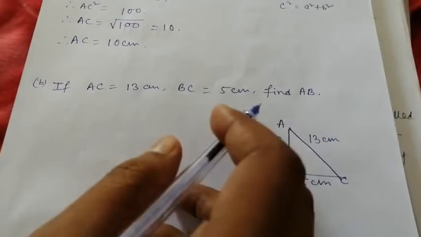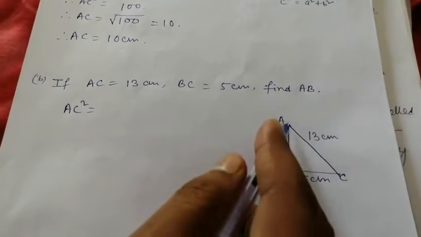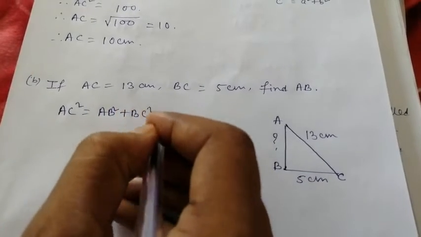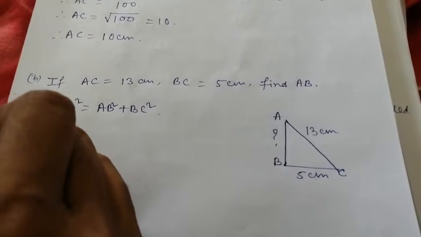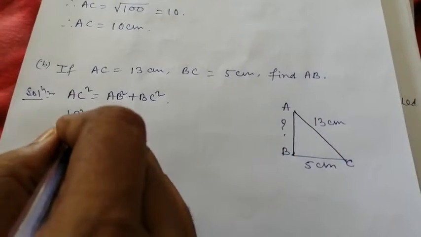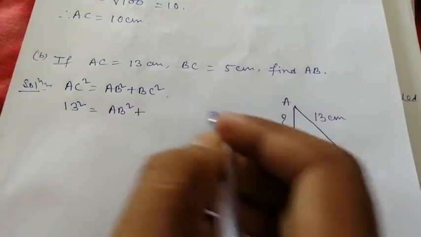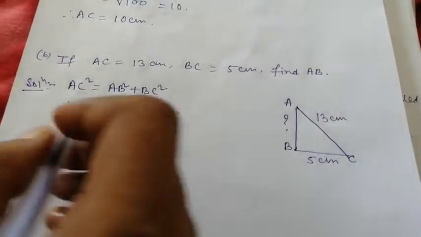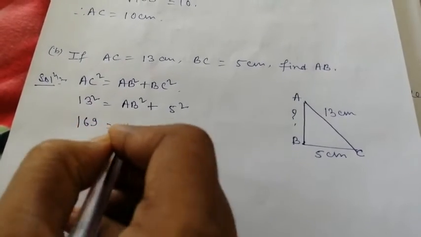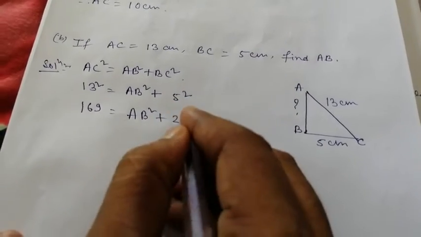Okay. Now the formula is the same. AC square is equal to AB square plus BC square. All of you concentrate on how I solve. Now AC is equal to 13, so 13 square. AB, write down as it is, AB square, because we don't know. BC square, 5 square. 13 square is how many? 169 is equal to AB square plus 25.